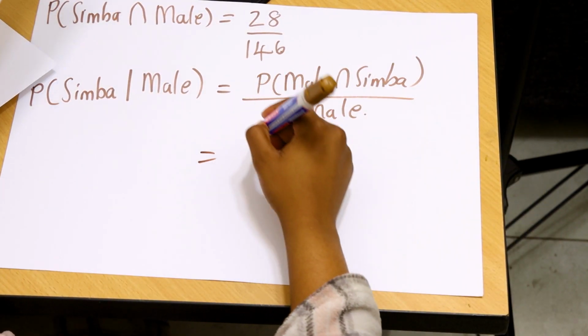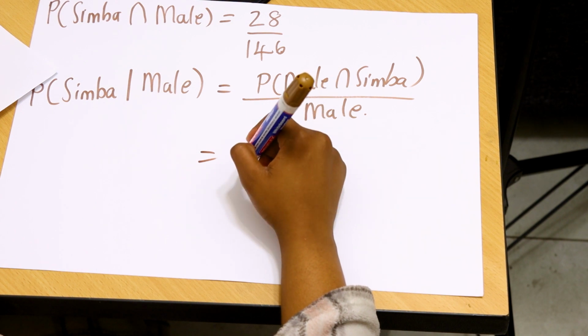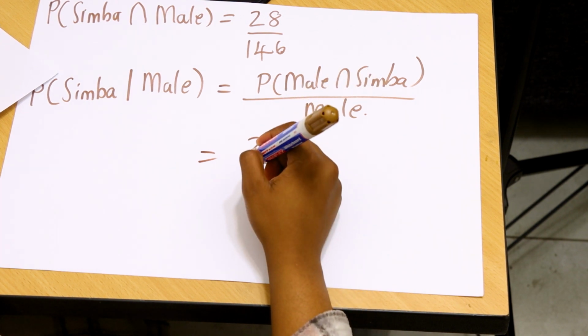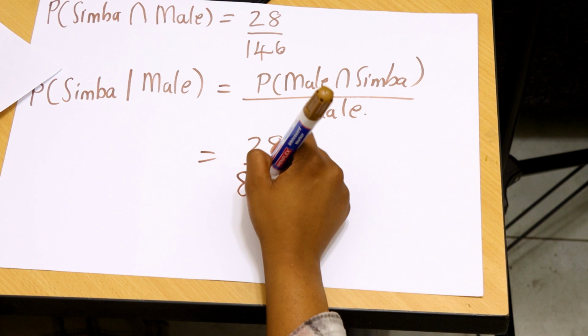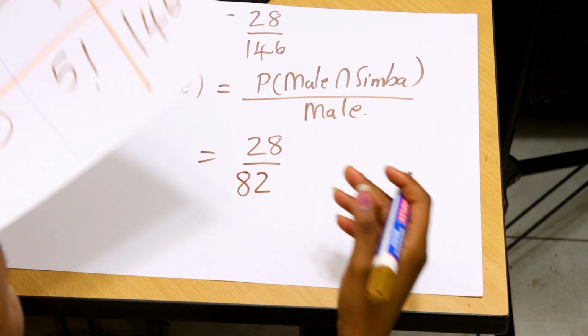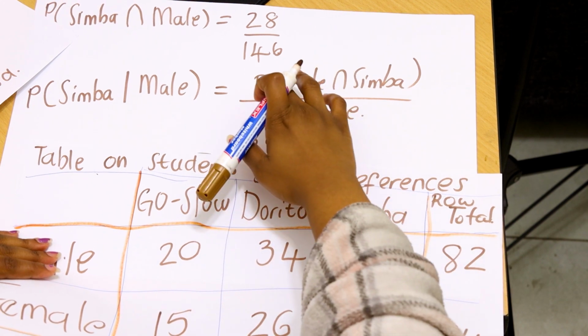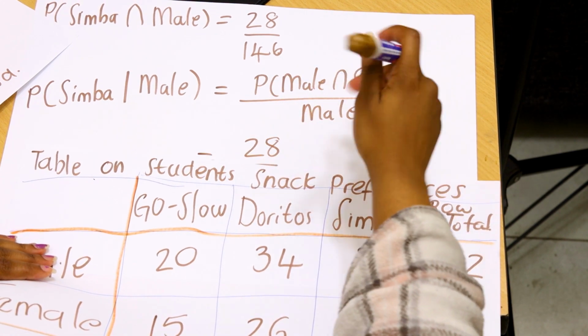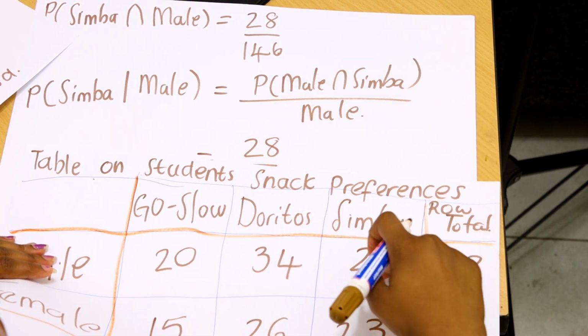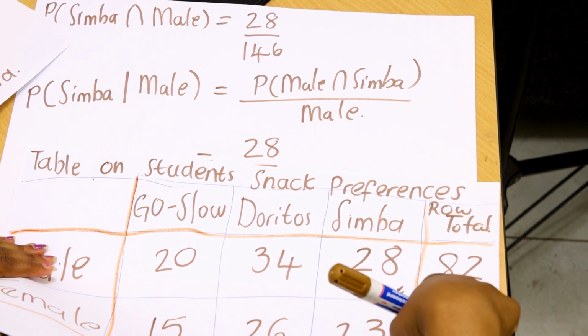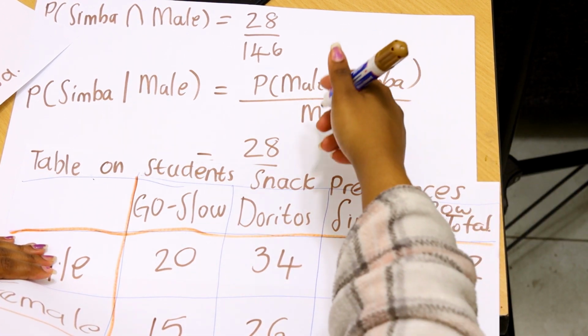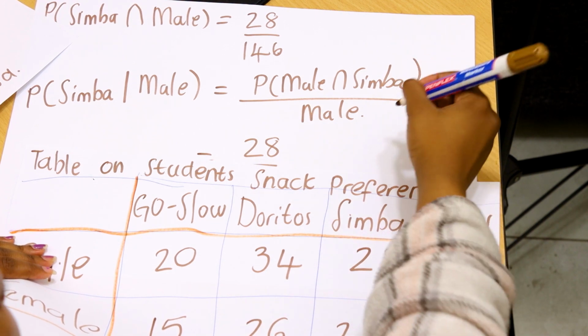So that is 28 over 82. Just to retranslate this using the equation, the probability of male and Simba would be given by 28 over 146, right? Then the probability of male would be 82 over 146.